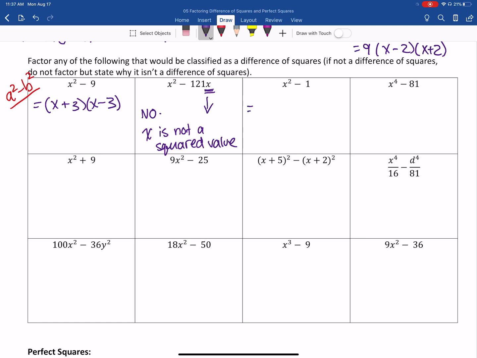All right, this one is a difference of squares, which means we can factor it: x plus 1, x minus 1. This one, yes it is. If you said yes, awesome. If you said no, why did you say no? Was it because of this 4?